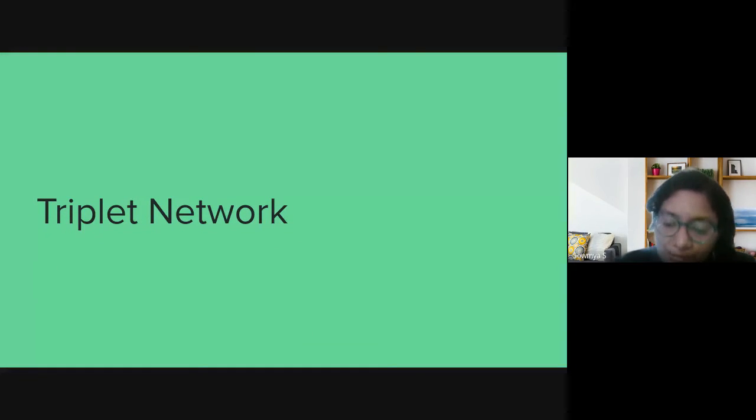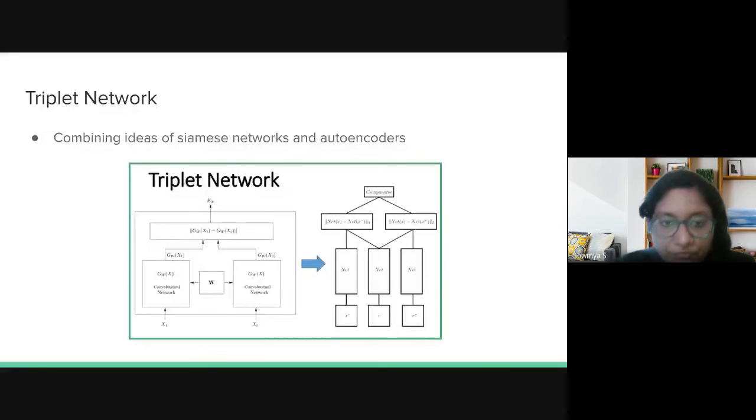Now we come to something known as Triplet Network. It combines the idea of both CMAs network and autoencoders. Once again, we are not generating the input again, but we're just looking at the idea of using the input in itself.